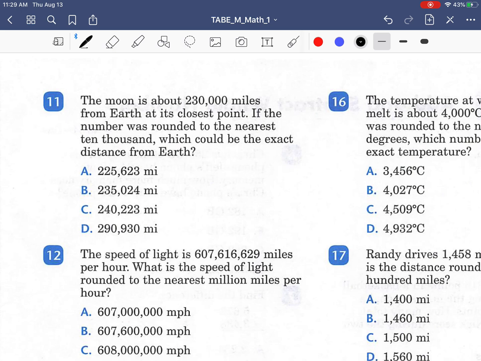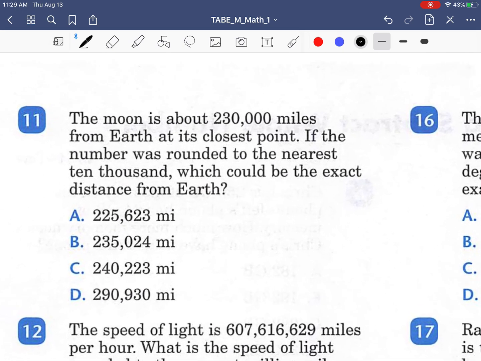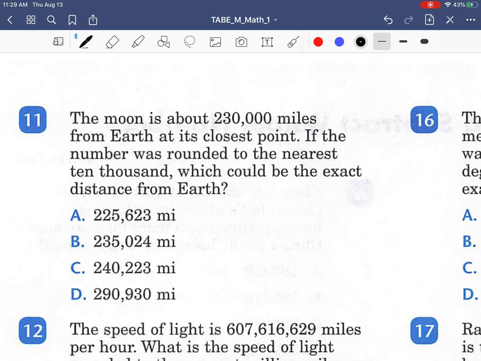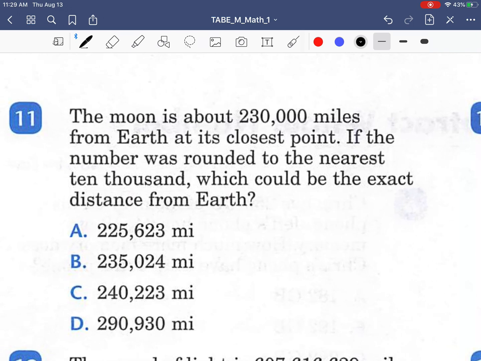Number 11. The moon is about 230,000 miles from Earth at its closest point. If the number was rounded to the nearest 10,000, which could be the exact distance from Earth? So again, I'm going to just work with the data that I've already got here rather than try to write these again.